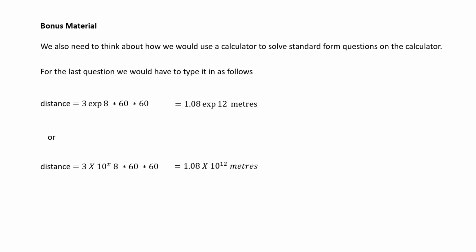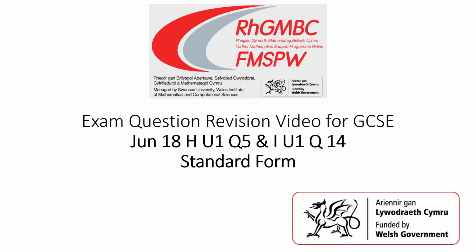Now check on your calculator if you like, with a simple question like this. Check on your calculator so that you know the correct order in which to press the buttons on your calculator and you're pressing the correct format. And there's the question then on standard form.